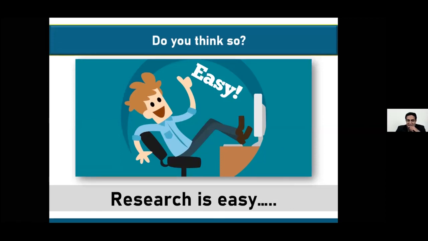Let me unshare first, so you can see. Click on participants, and there is a green button. If you find that it is easy, then just click on yes.